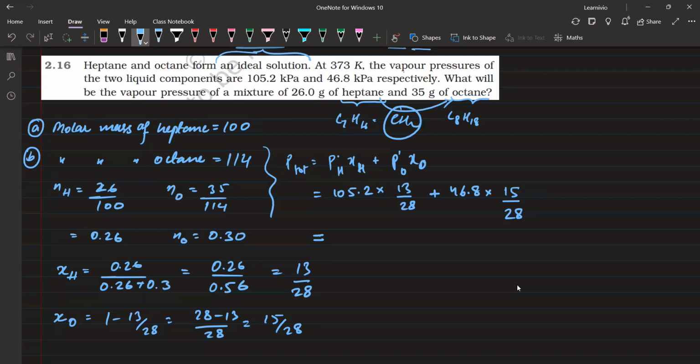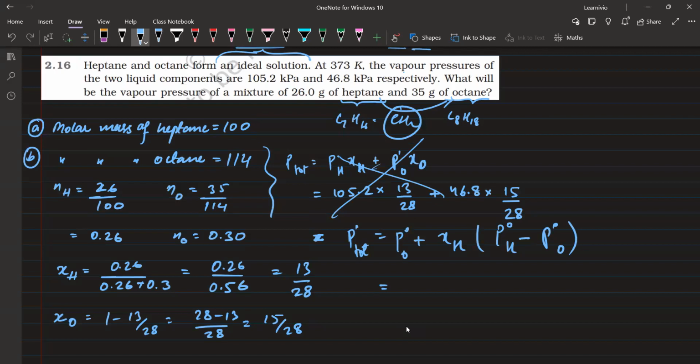I mean this would require a lot of calculations, so we leave this, we don't do this. I think that formula: P total is equal to P naught of octane plus mole fraction of heptane into P naught of heptane minus P naught of octane. Let's calculate with this.